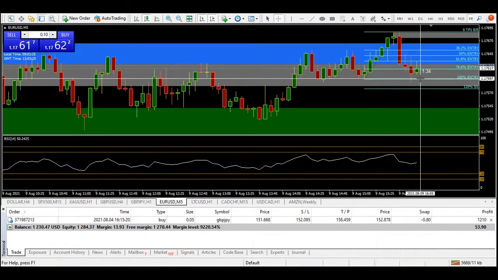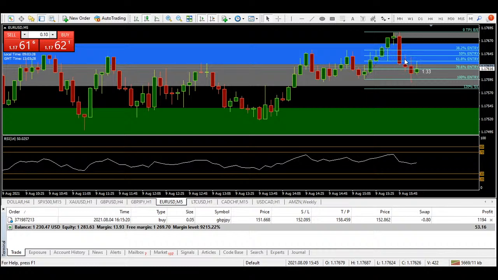On the lower time frames, like the 1 minute, I don't think I have the 1 minute on here. Can't see it. Let's see. The standard charts. Line studies. Oh no, I want the line studies.